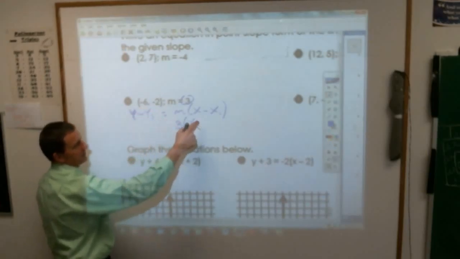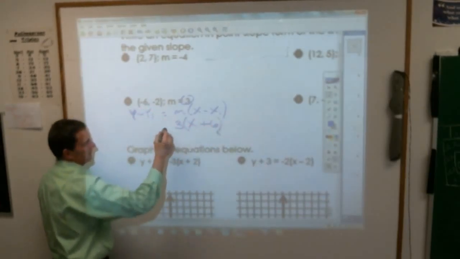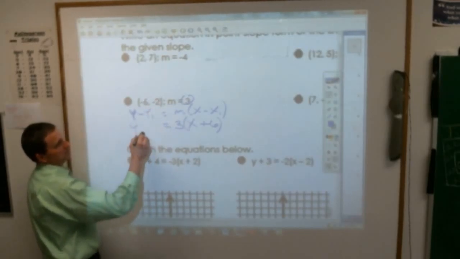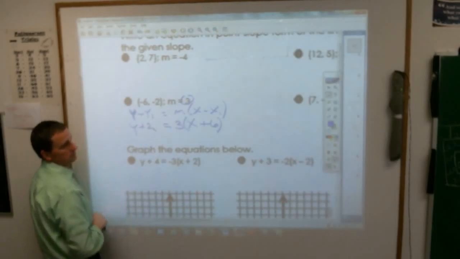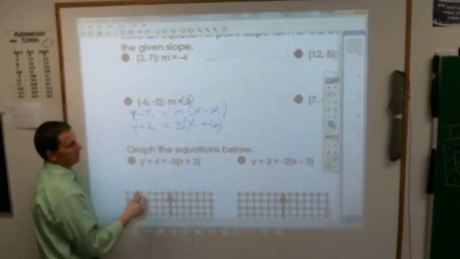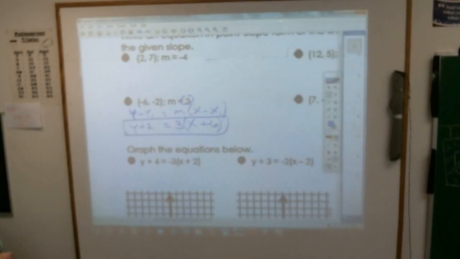Negative 6, so it's a negative 6, which makes it a positive 6. And on the other side you have y minus a negative 2, which is plus 2. You have to think of this equation: if they're negatives, they're going to end up being positives in here. And that is your whole equation. That's it. Nothing more, nothing less.